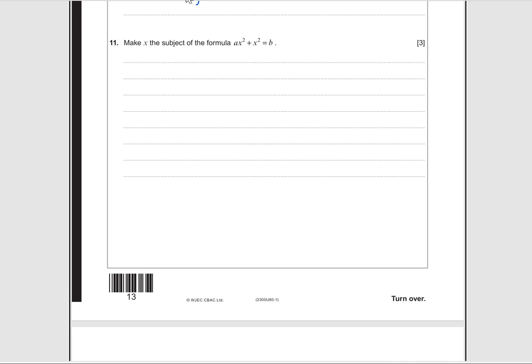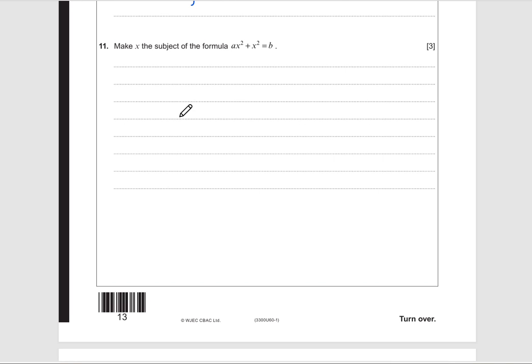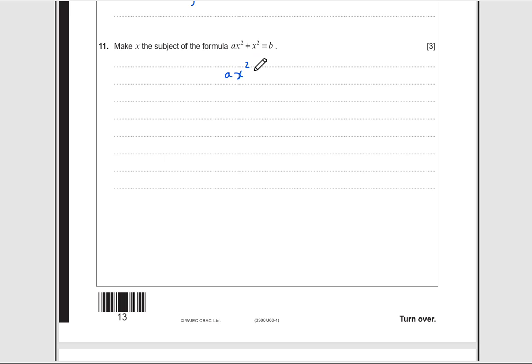Question 11. Make x the subject of the formula ax squared plus x squared is equal to b. If we're going to make x the subject, we want to get it on its own. The first step is to factorize. We've got x squared common to both of these first terms. If we factorize, that leaves us with a plus 1, and that's equal to b.